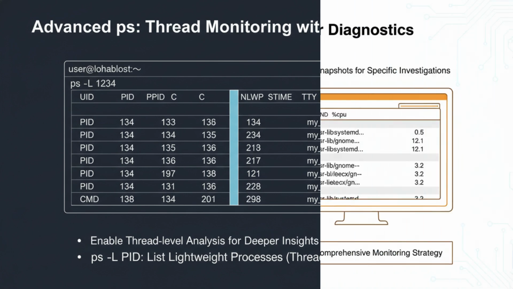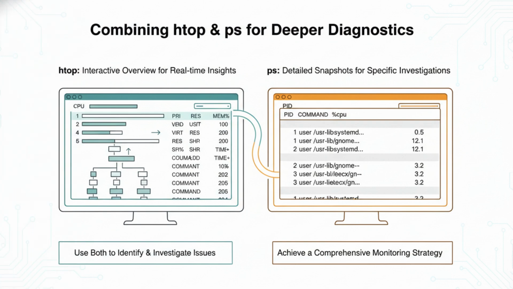In practice, the most effective system monitoring strategy involves combining both htop and ps. htop excels at providing an interactive overview and quick, real-time insights into overall system health and immediate anomalies. It's your go-to for identifying what's happening right now.